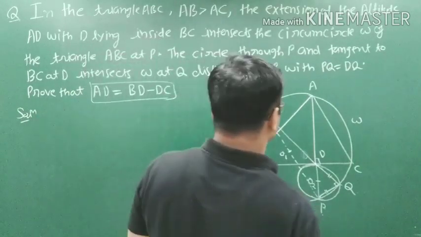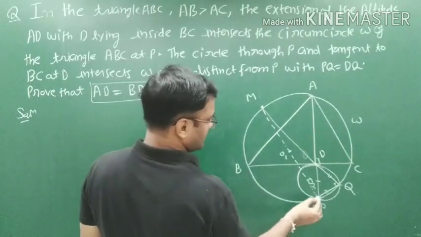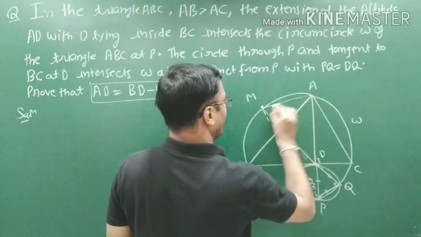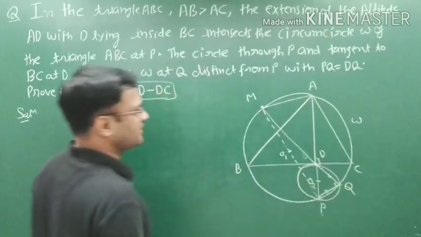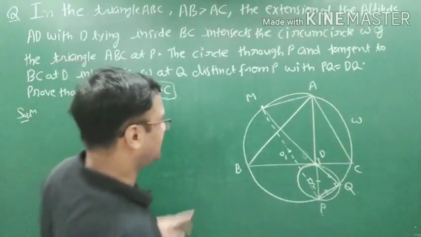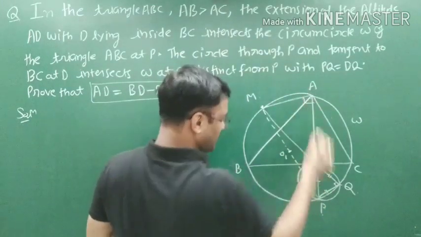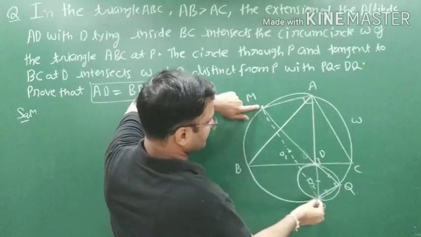If we join A to the point M, if we join AM, then definitely this angle MAP is 90 degrees because PM is the diameter of the first circle.